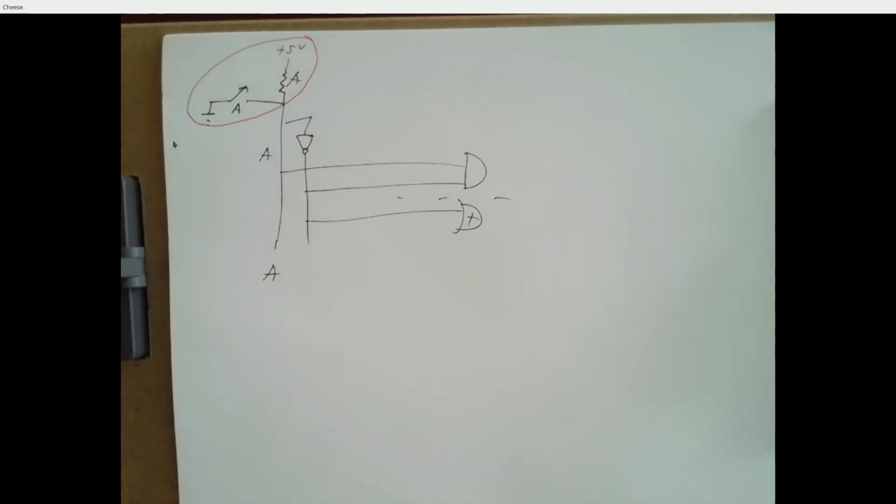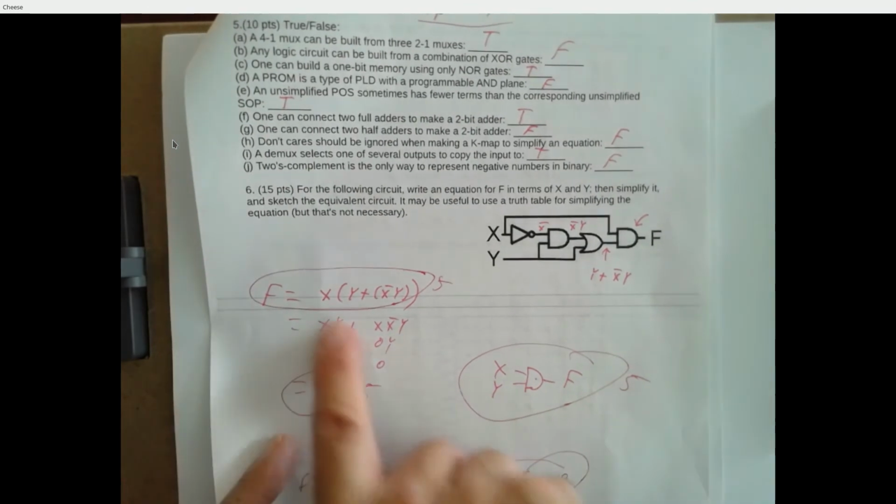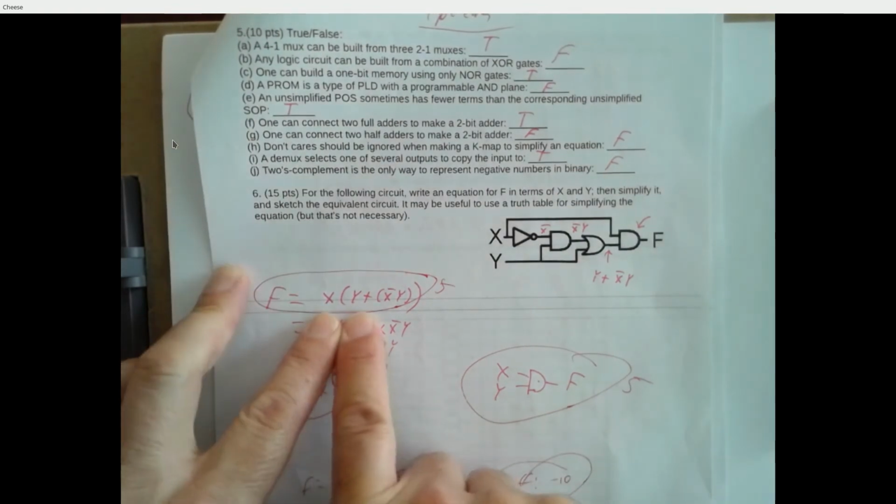6 simplifies? 6. Oh, this thing? Yeah, it turns into an AND gate. So you can do that algebraically, or you can write the truth table. But if you don't simplify, it comes out like this.